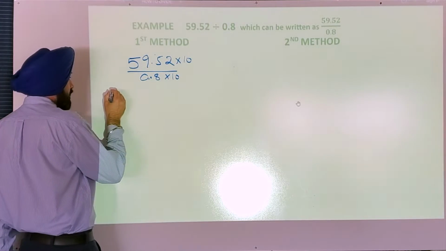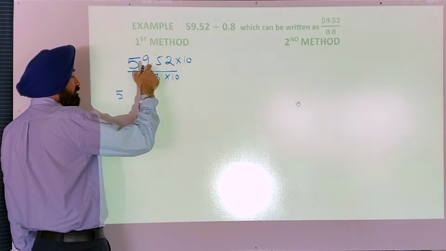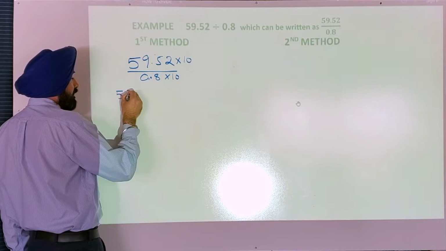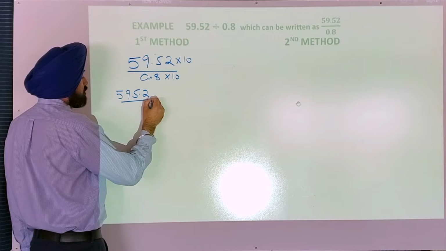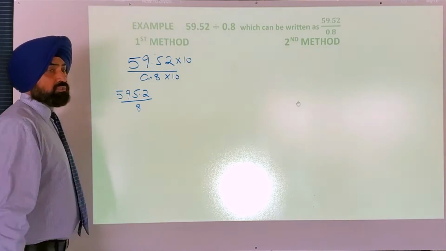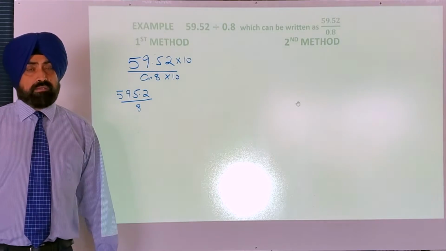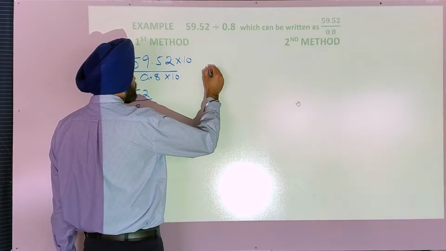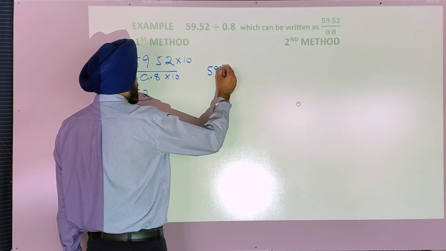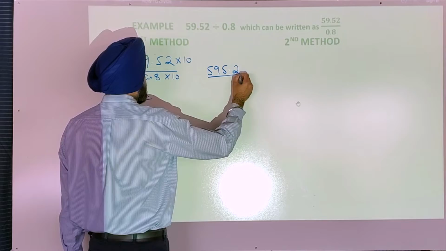So 59.52 multiplied by 10 becomes 595.2, and the bottom becomes 8. Now there is no decimal in the divisor, so we can divide 595.2 by 8.